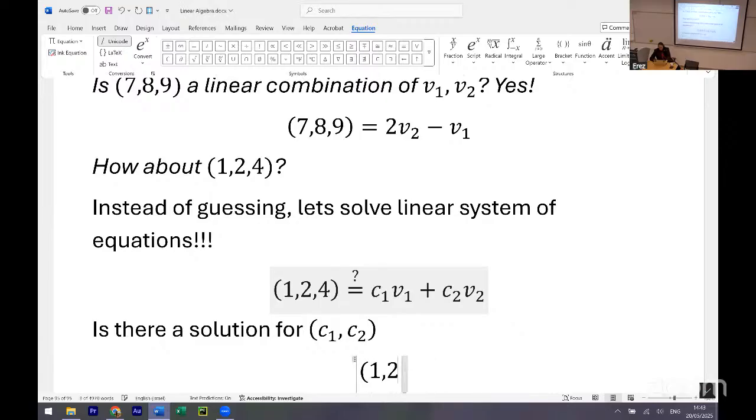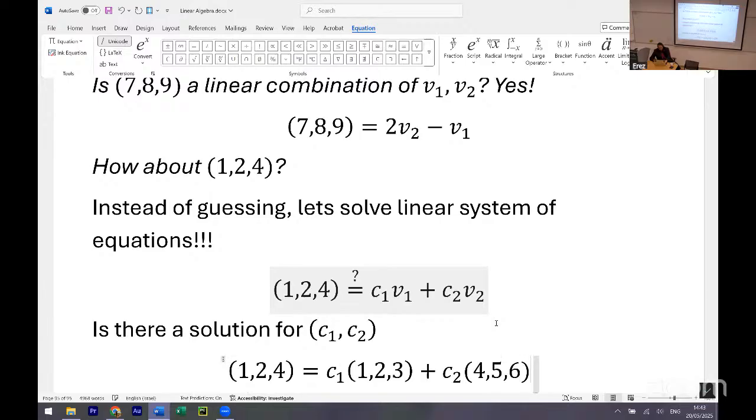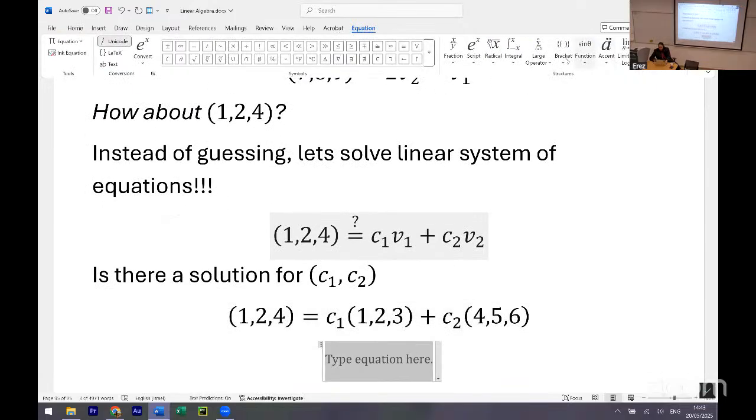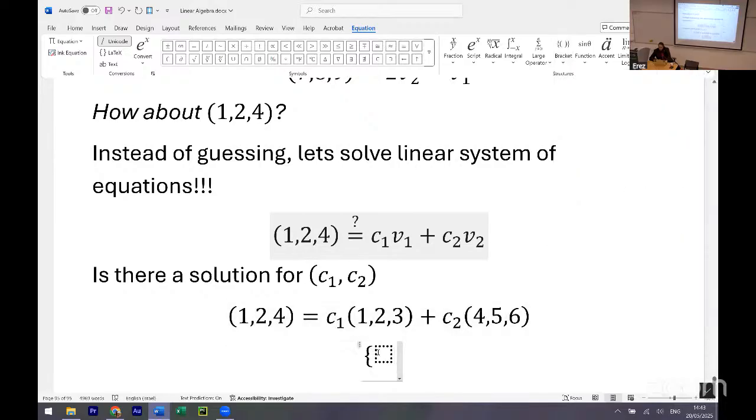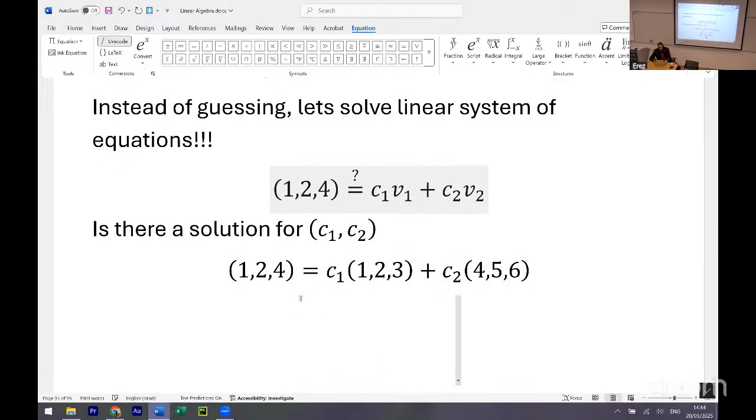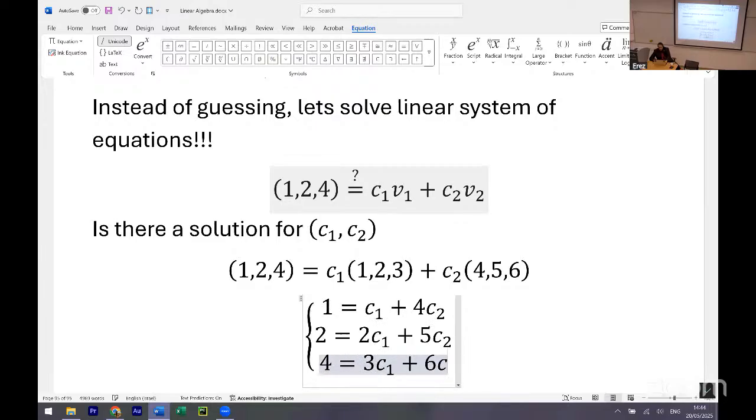We write (1, 2, 4) equals C1 times (1, 2, 3) plus C2 times (4, 5, 6), and we get the equations: 1 equals C1 plus 4C2, 2 equals 2C1 plus 5C2, 4 equals 3C1 plus 6C2.